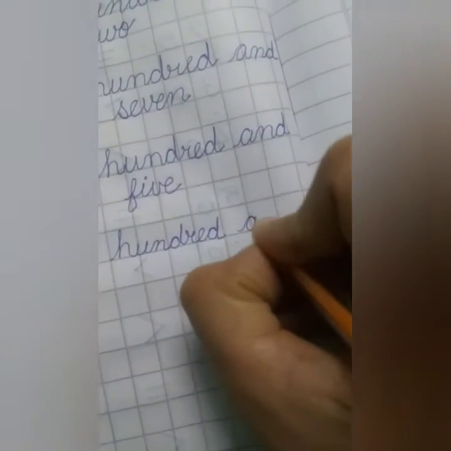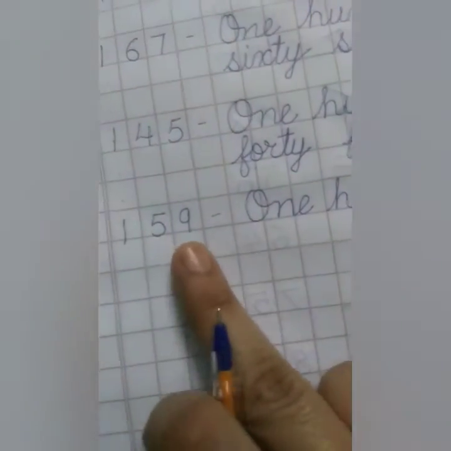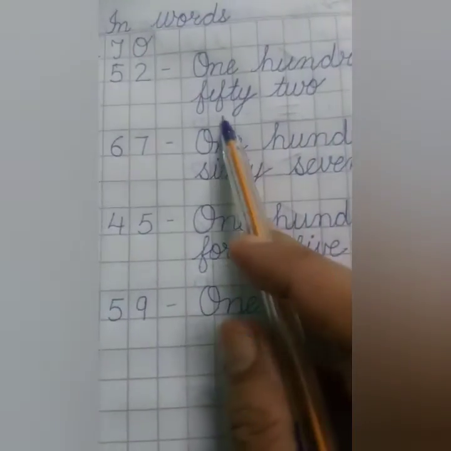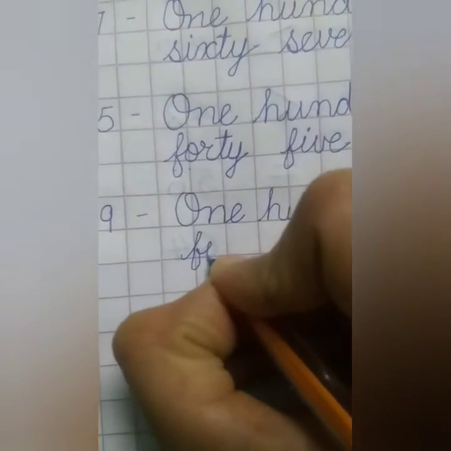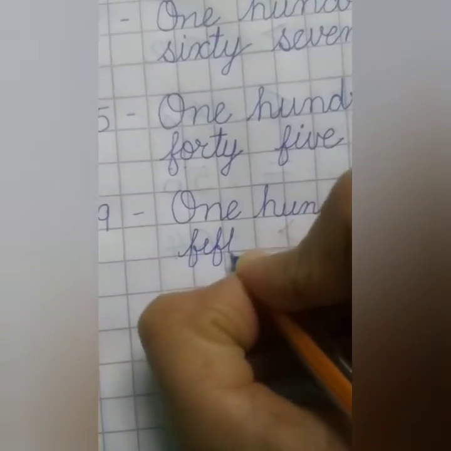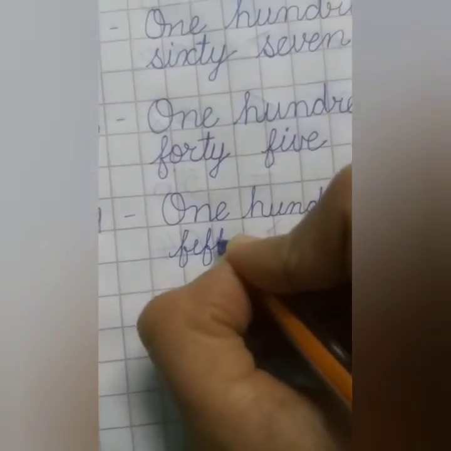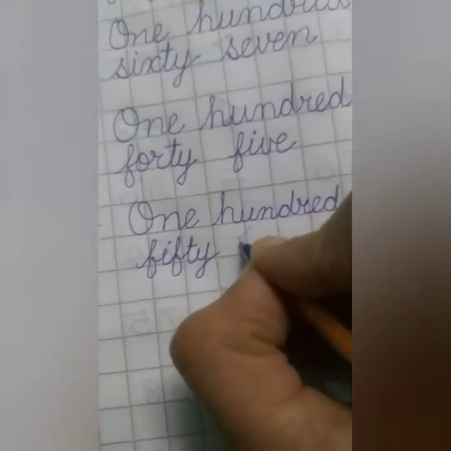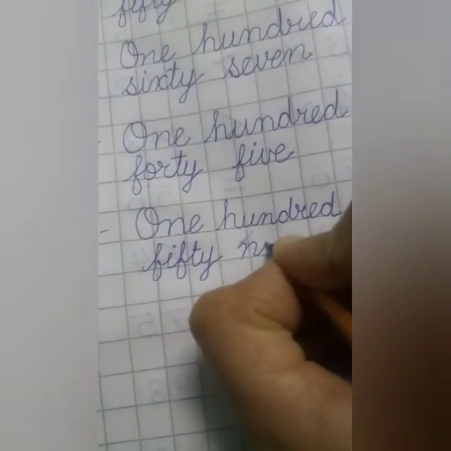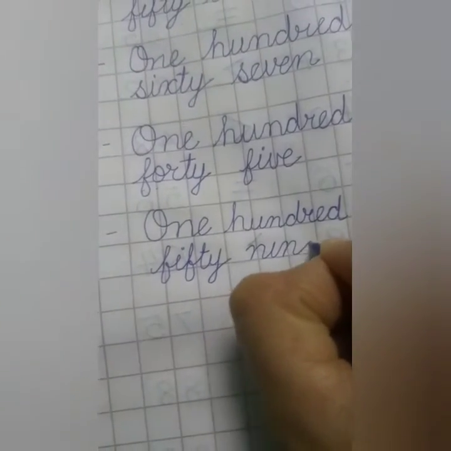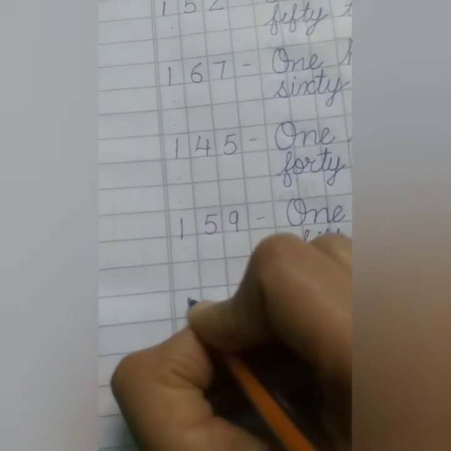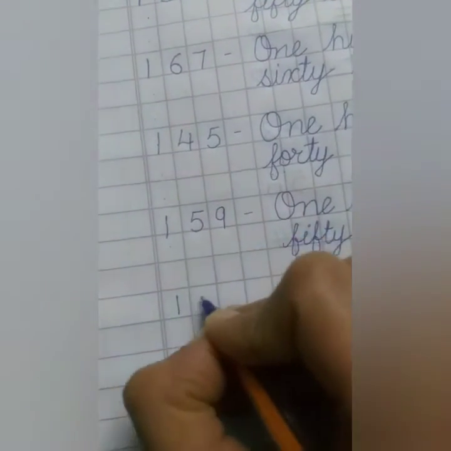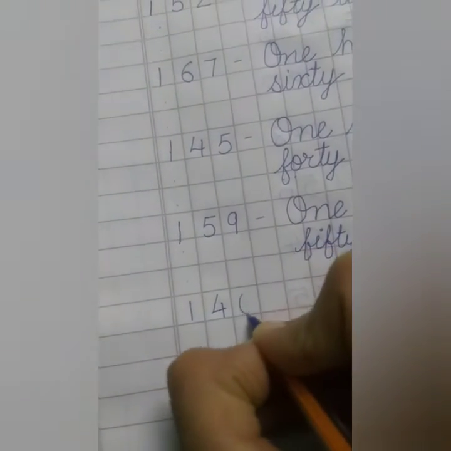Take one finger gap and write A-N-D. And after 100 and, what do we write? 59. What is the spelling of 50? We have already written 50: F-I-F-T-Y. Say with me, children. 59. What is the spelling of 9? N-I-N-E. 59.